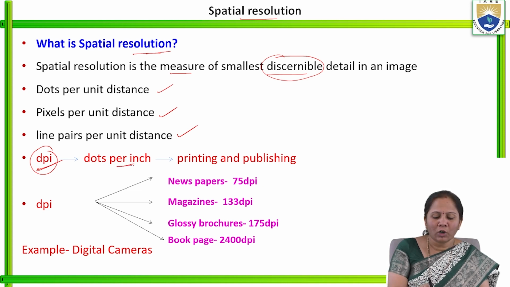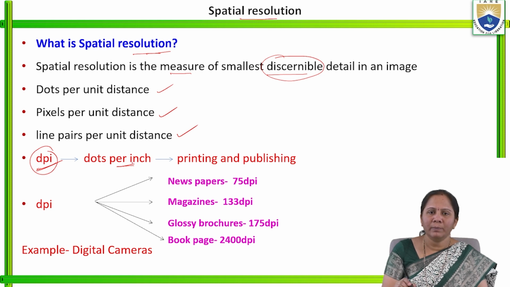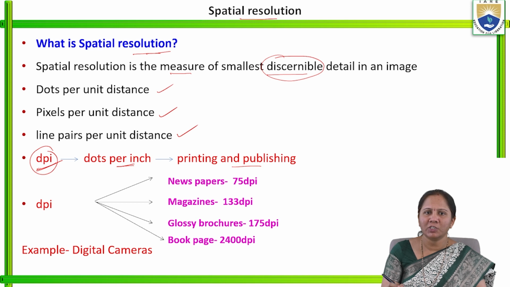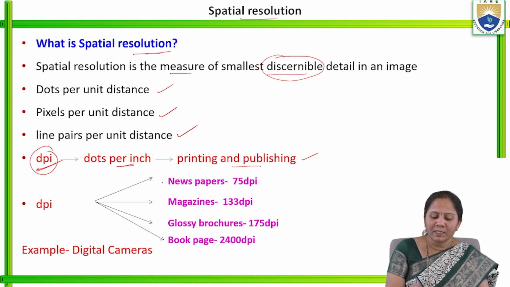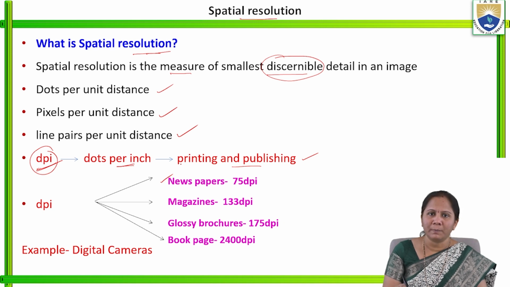So generally this dots per inch concept will be used in areas like printing and publishing. For example, we have different applications in this printing and publishing area. For example, we can consider newspapers.